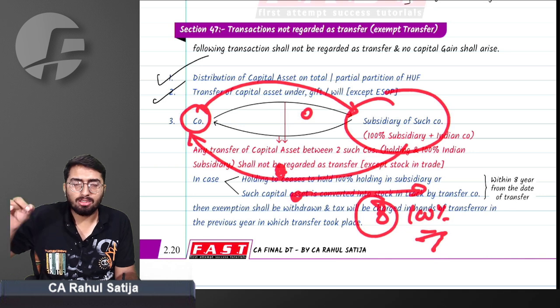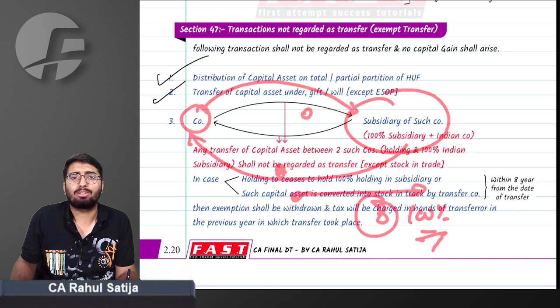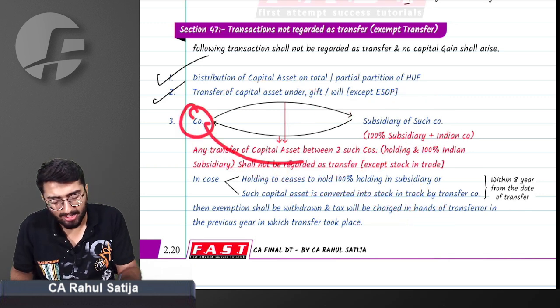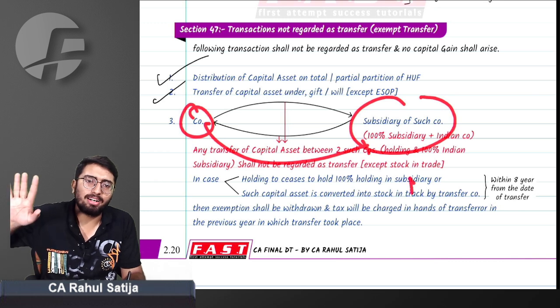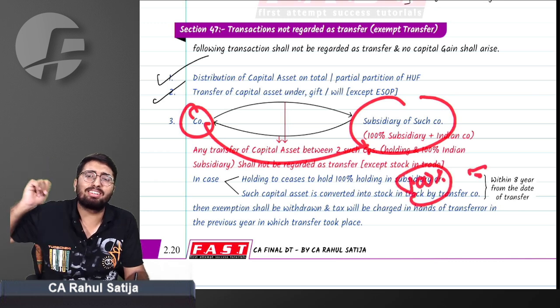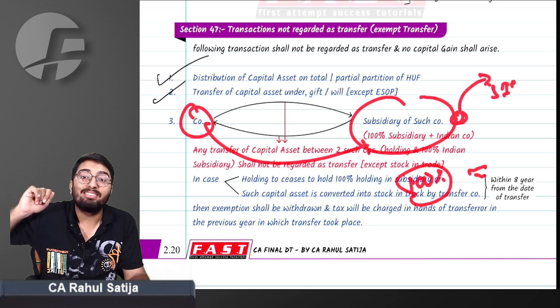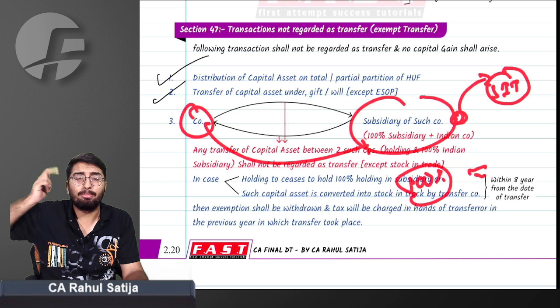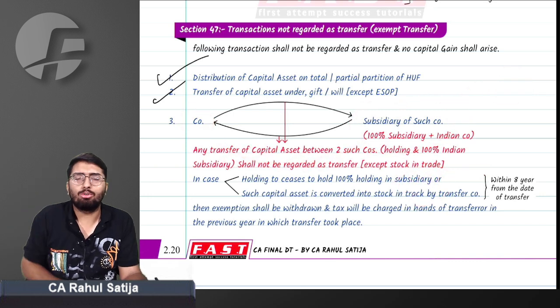Also, the person to whom such asset is transferred shall not convert such asset into stock in trade. For example, this parent company transfers a building to such subsidiary. Even if they have a 100% parent holding relationship for hundreds of years, what if this subsidiary converts such capital asset into stock in trade? It will be taxable. This exempt transfer provision will be revoked here.